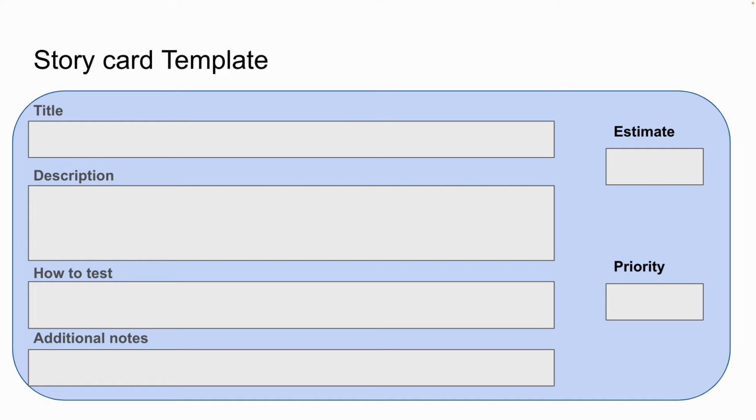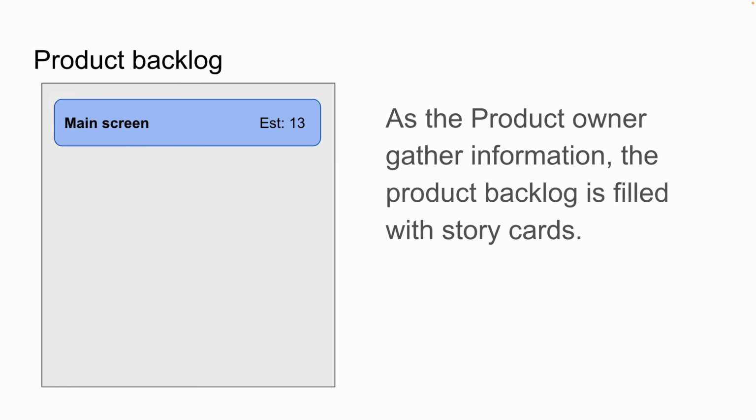Then there will be an estimate. The estimate is the story points that the team will add to this card, and then the priority. Now, if you're using Trello, you don't need the priority because you just move the card up according to how important it is.